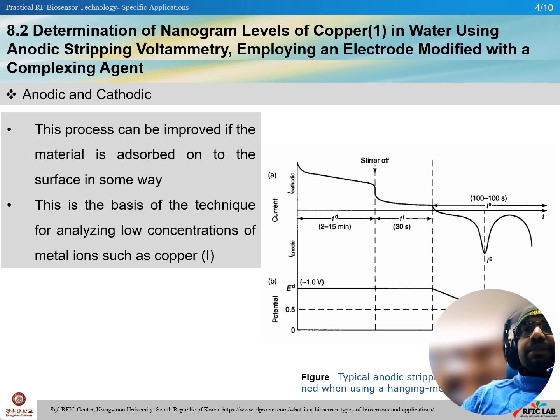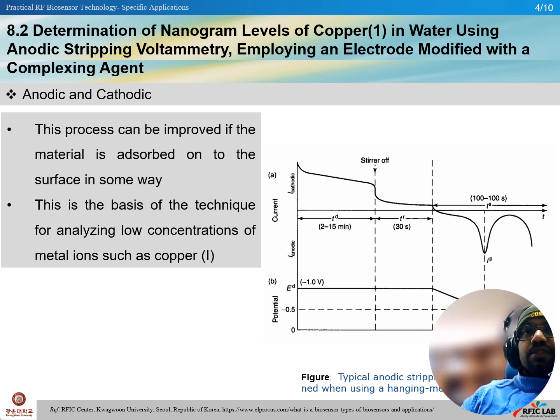Now, the determination of nanogram levels of copper in water using anodic stripping voltammetry, employing an electrode modified with a complexing agent. Anodic and cathodic are the two different electrode processes. This process can be improved if the material is adsorbed onto the surface in some way.